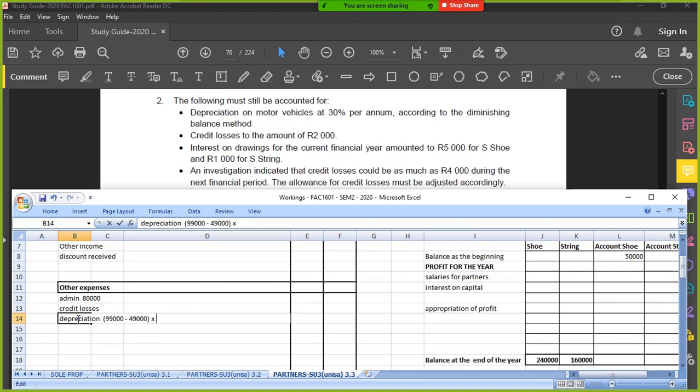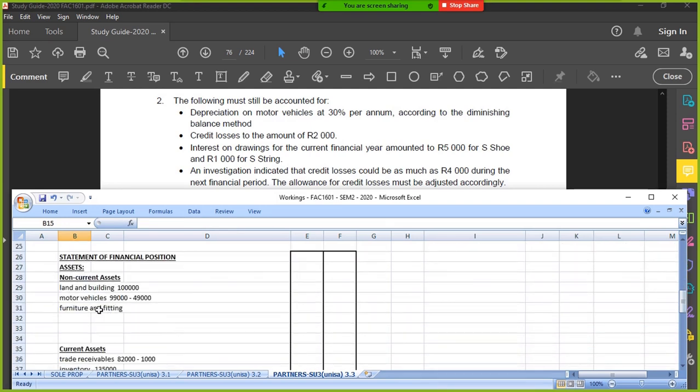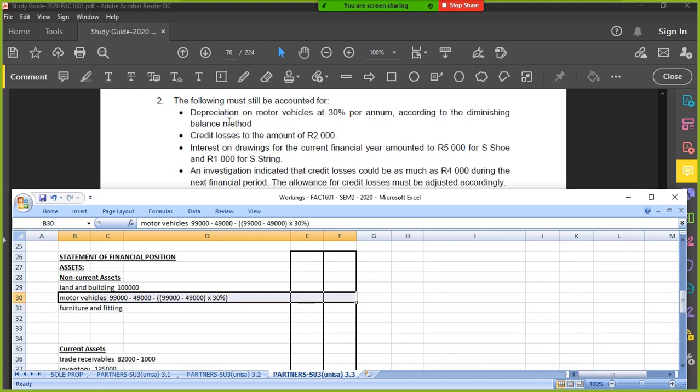Yes. Agree with that? I do. Okay, and then that will also be disclosed where? Here. Financial position. Yes. Okay, because remember, debit depreciation, credit the accumulated. All right, happy with that one.